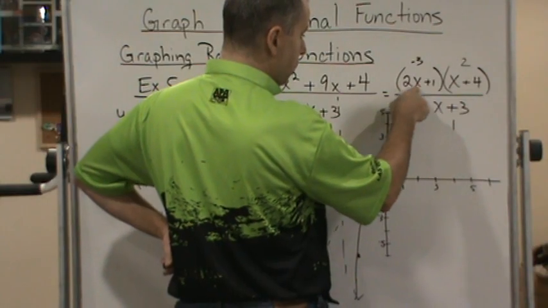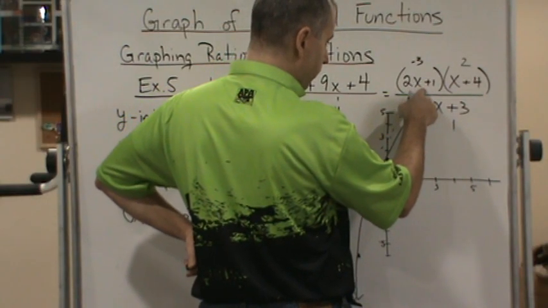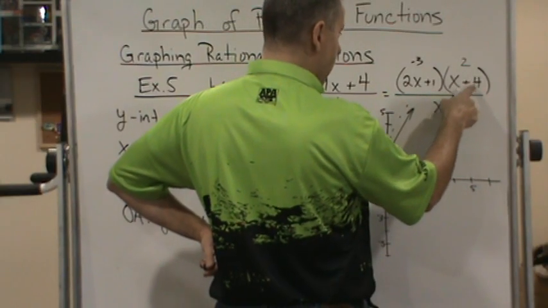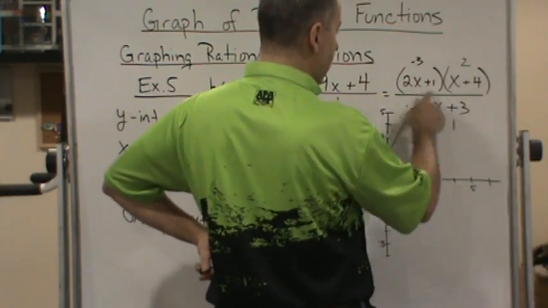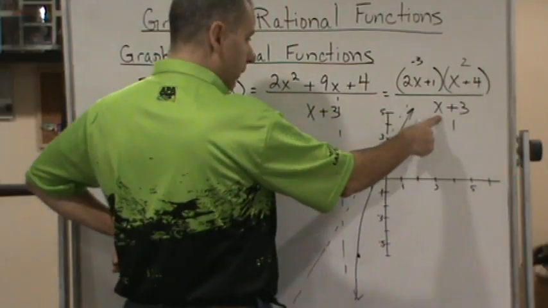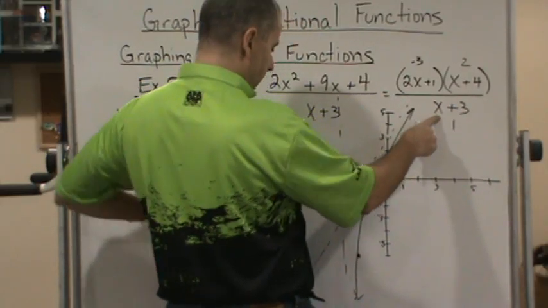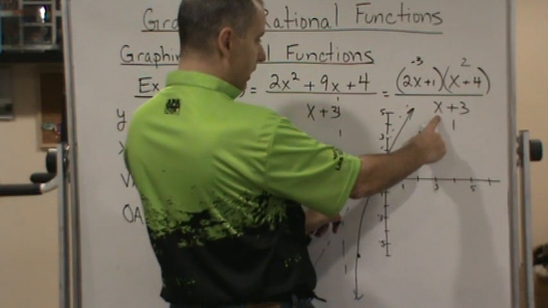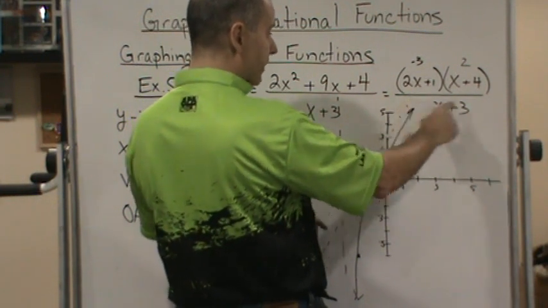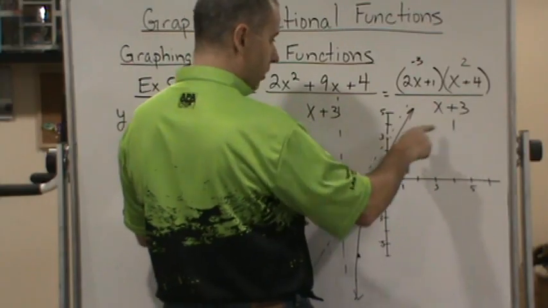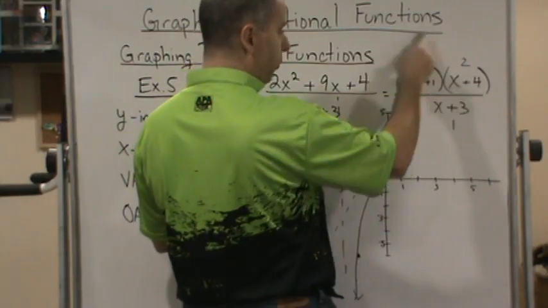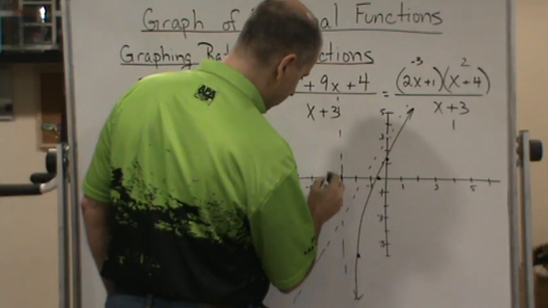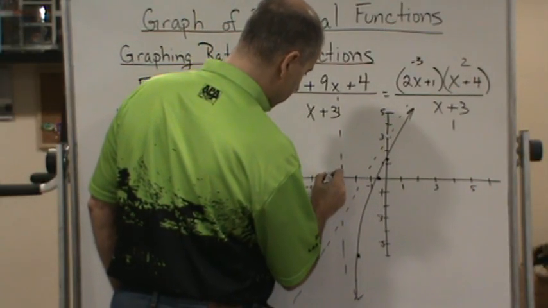So this is going to negative 5, and this is going to 1. So this whole thing is going to negative 5. But the bottom is going towards 0, and since we're on the left side, that means it's negative. So this is positive, and since the bottom is going to 0 but the whole thing is positive, it's going to positive infinity. So this is doing this.